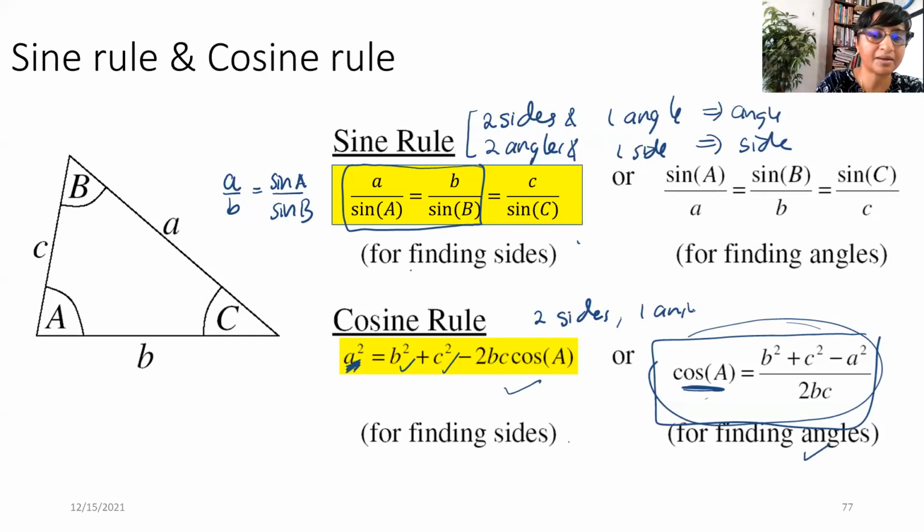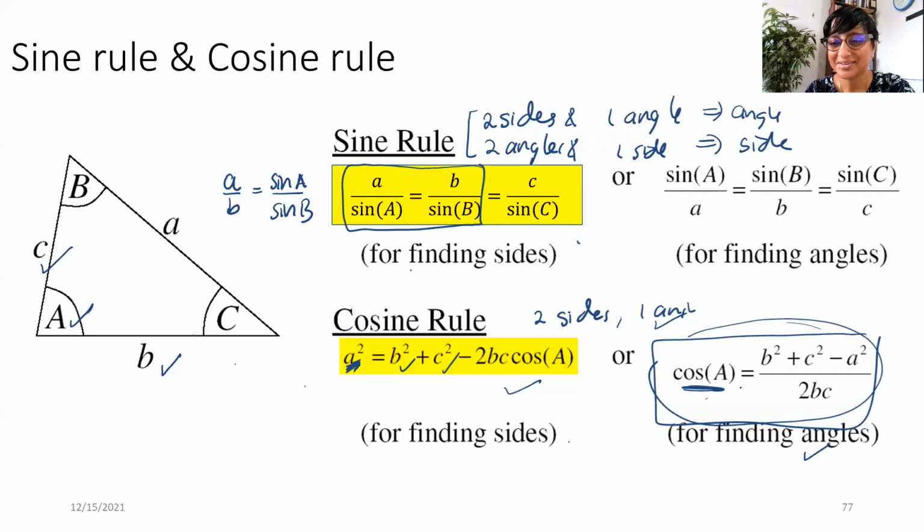For example, if you know the sides B and C, the angle must be the angle contained between B and C. For you to apply the cosine rule, you need two sides and the angle in between, to find the other side.